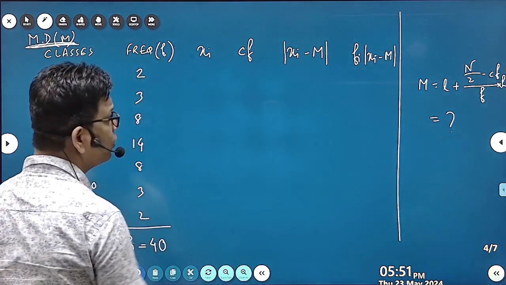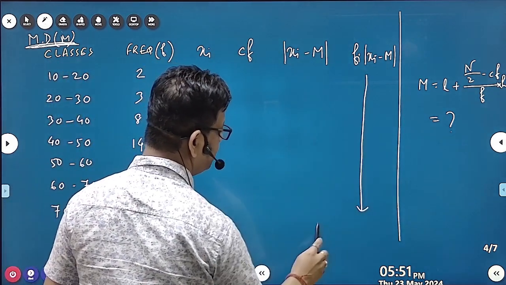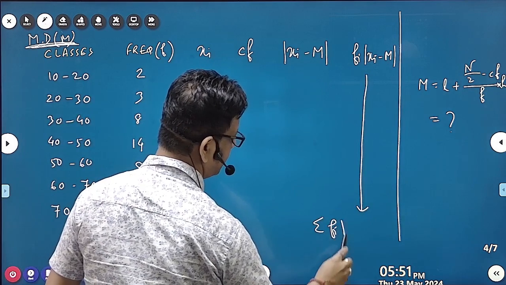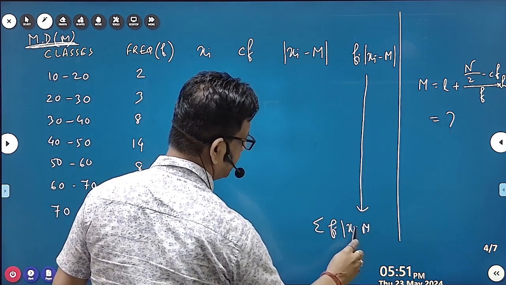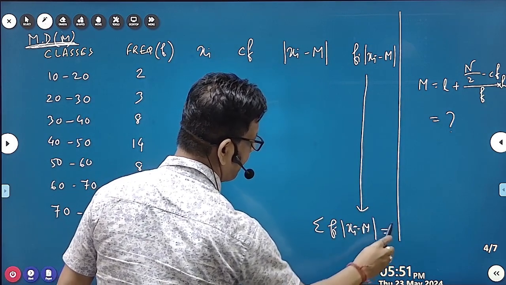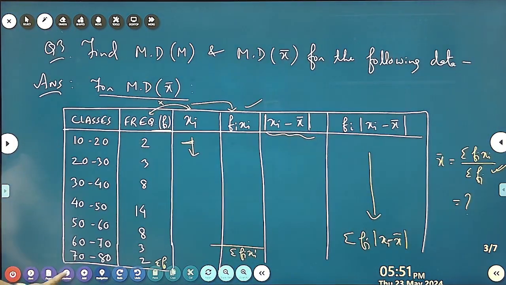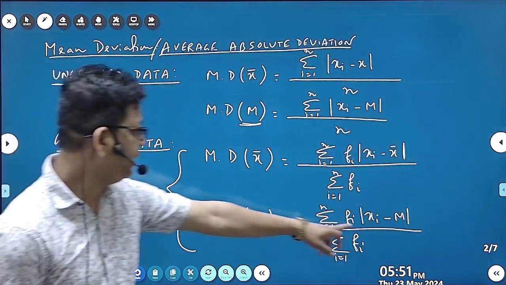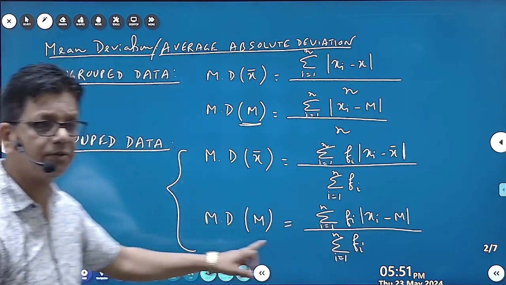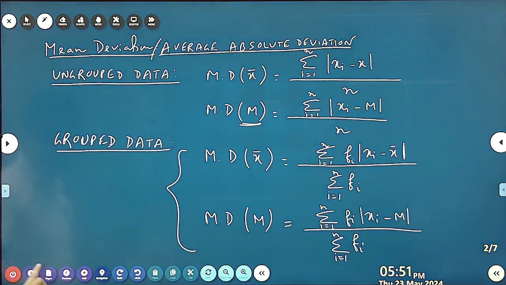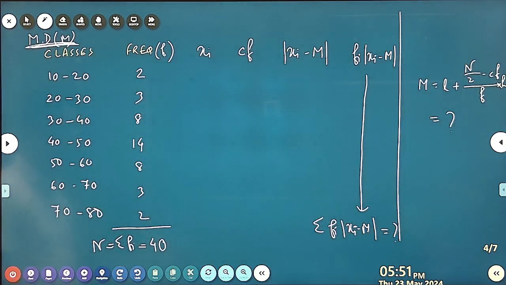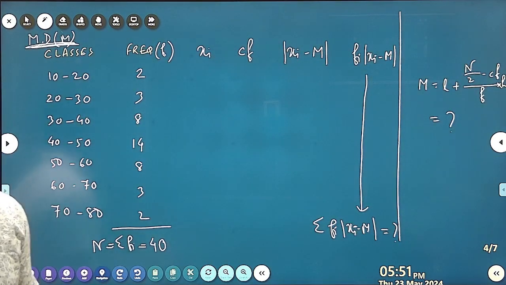Now, what is the requirement? This column we will do summation of Fi, Xi minus M. And then the rest of the things are in the formula. Summation of Fi is the total one. Can you complete this? Alright.